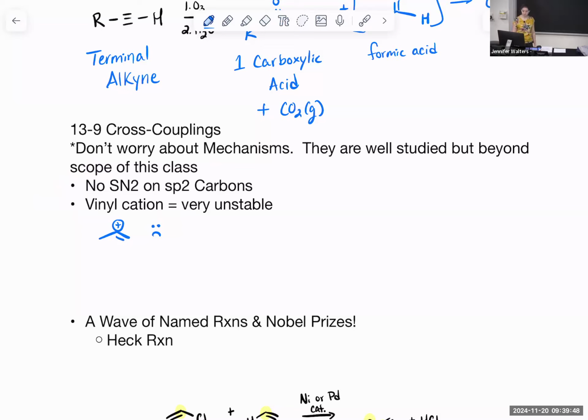It is unlikely to form. The only time that we drew that was with our acid catalyzed mechanisms, and to be honest, our mechanisms are probably not 100% accurate because this is so unstable. There's probably something else going on, but I just want you to draw it like a normal carbocation mechanism, right?